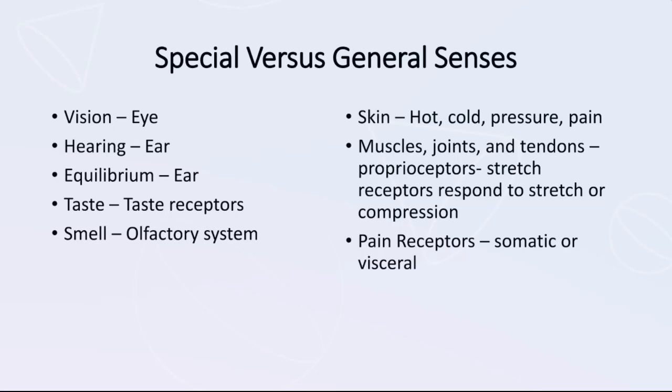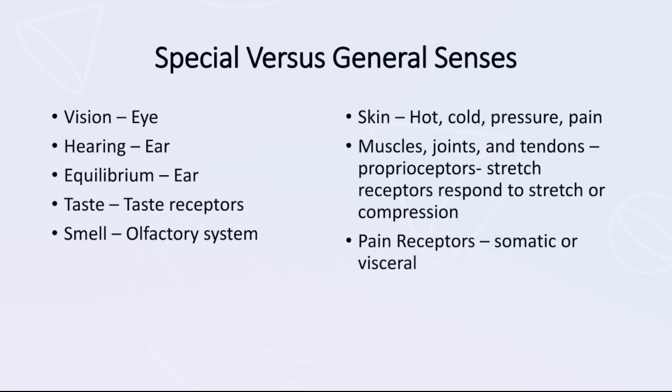They also have stretch receptors that respond to compression. And pain receptors are either somatic or visceral. Your skin can sense pain, but the viscera, the internal body organs, can also respond to pain.